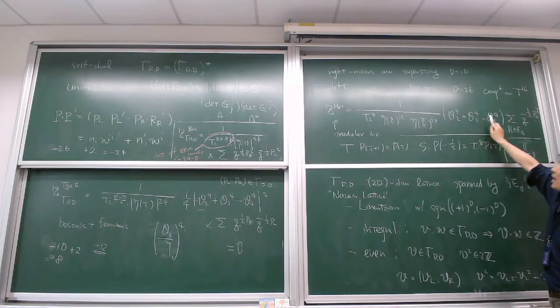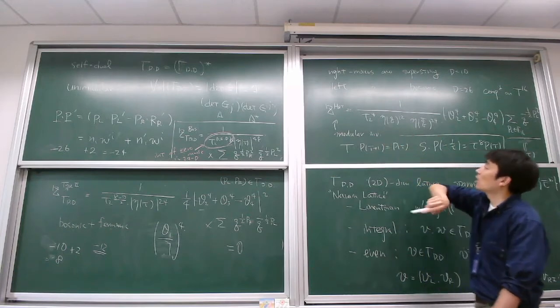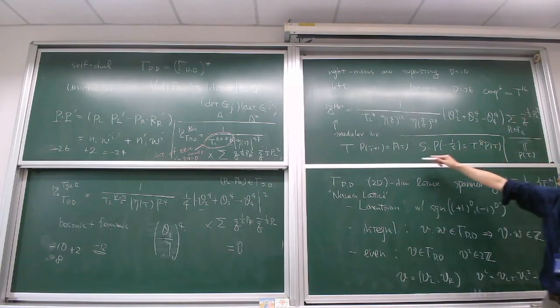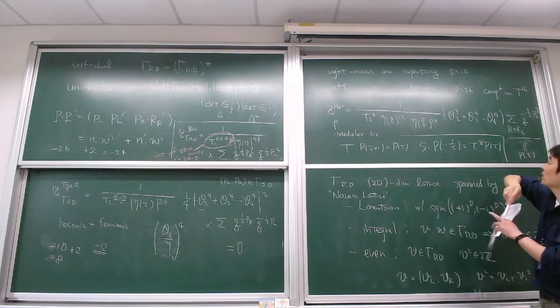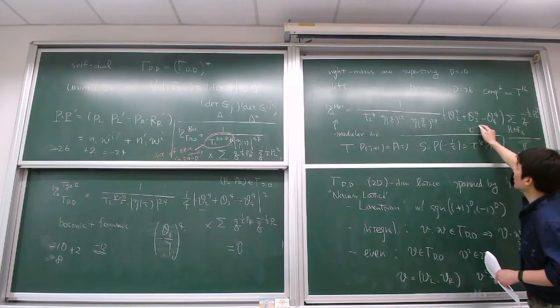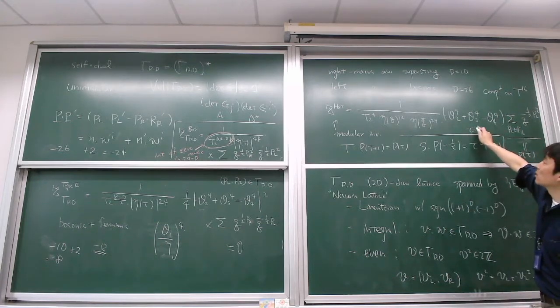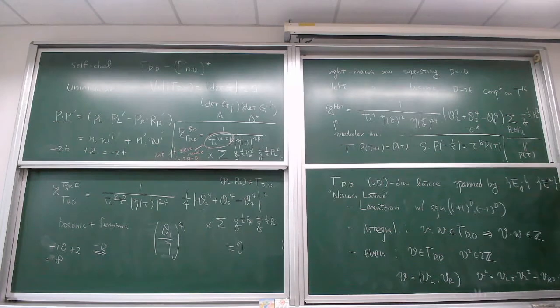If you look at the theta and the eta, the rest of the part is invariant under the T transformation, but under the S transformation they get tau to the minus 8. That can be read off from the modular properties of the theta function and eta function. Then we just try to cancel it with the rest of the part so that the partition function is invariant under the modular transformation.